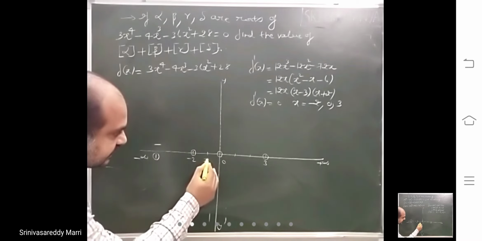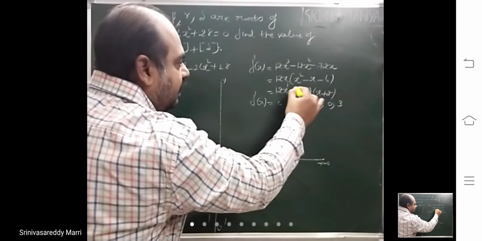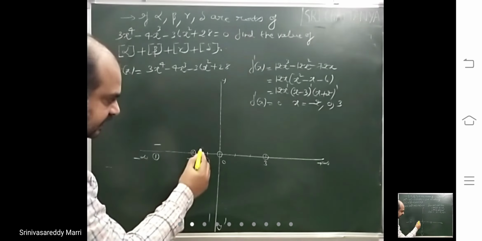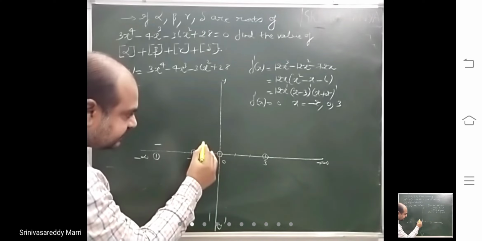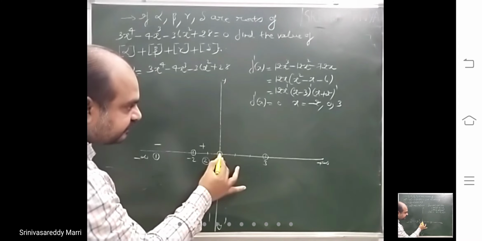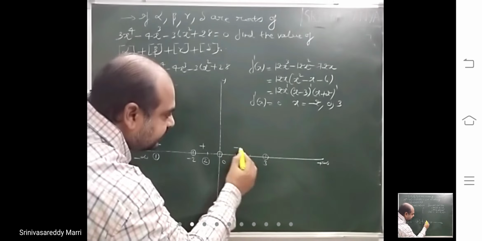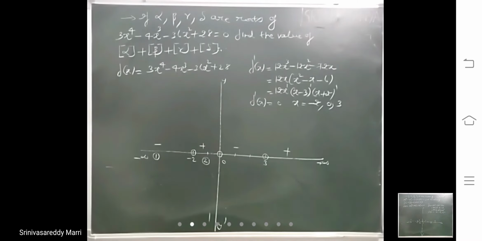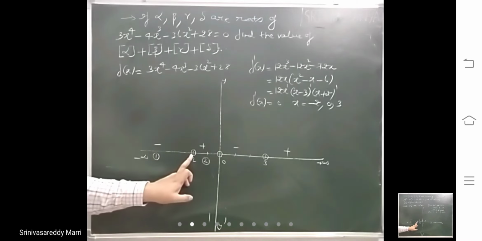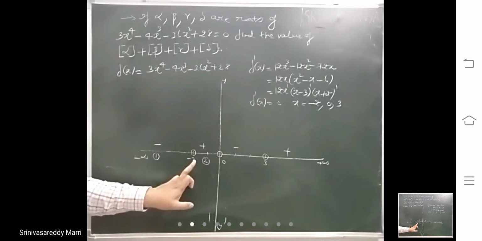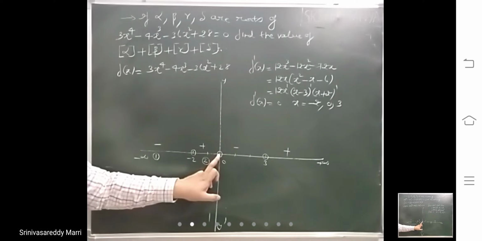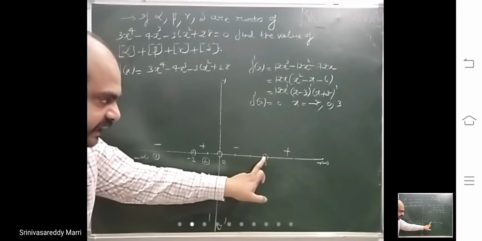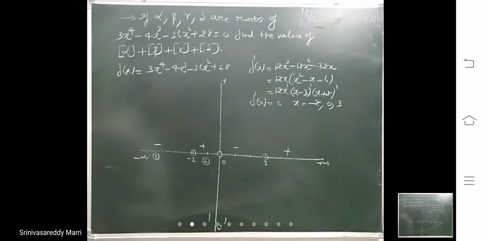All have odd powers, so here it will be increasing, plus; from 0 to 3 it will be minus; and from 3 to infinity it will be plus. Minus infinity to minus 2 decreasing, minus 2 to 0 increasing, 0 to 3 decreasing, and 3 to infinity increasing. Like that the graph will be.